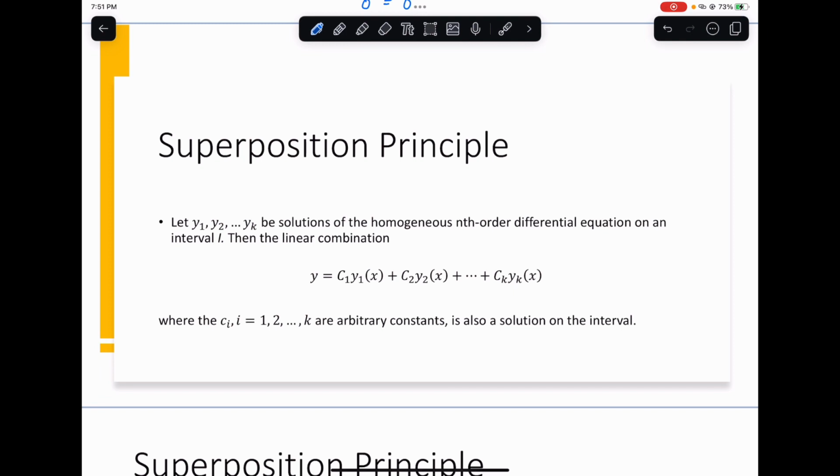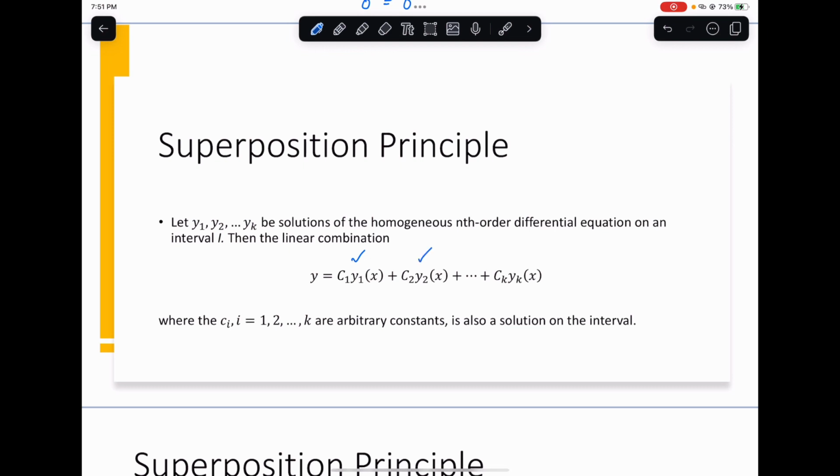Let's say, for example, we have y sub 1, y sub 2 up to y sub k, which are solutions of the homogeneous nth order differential equation on an interval I. Then the linear combination, following the superposition principle, y is equal to: we attach an arbitrary constant, the first arbitrary constant, to the first solution, so c1 y1 of x.